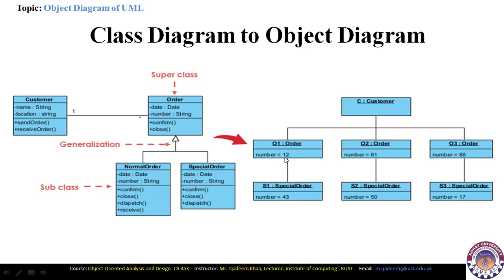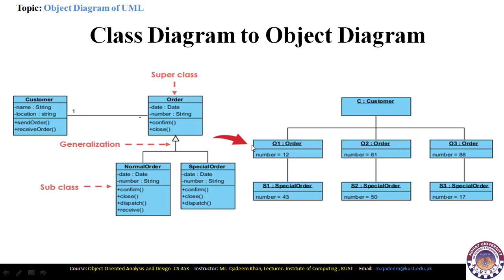So order number 1 is 1200, order number 2 is 61, and order number 3 is 88. Now S1 is special order number 43. This is a special order, and this is another special order. This is another special order.